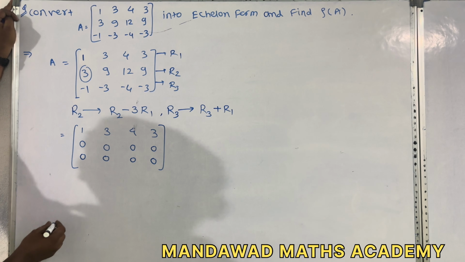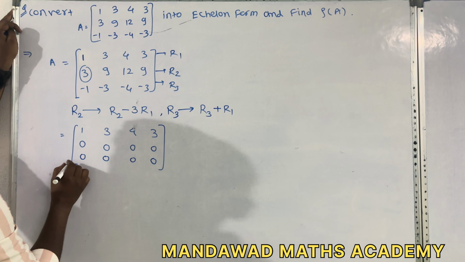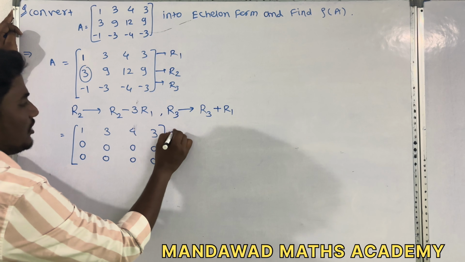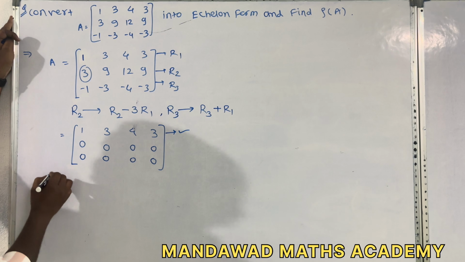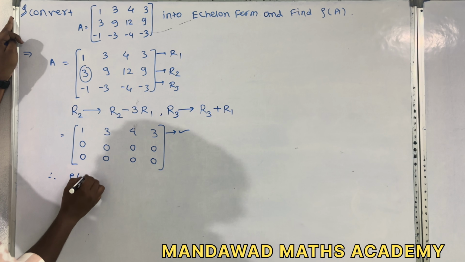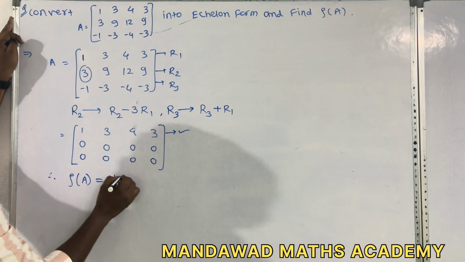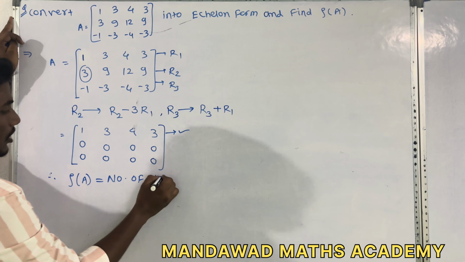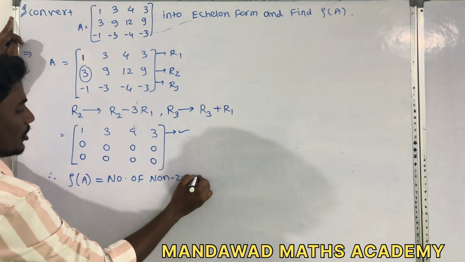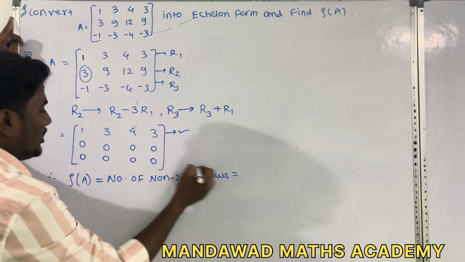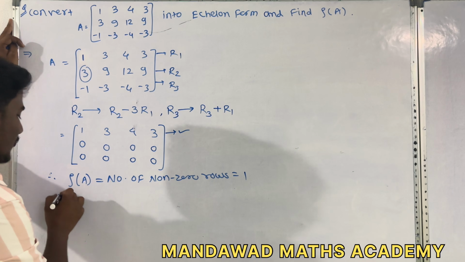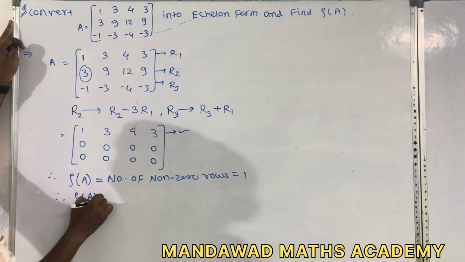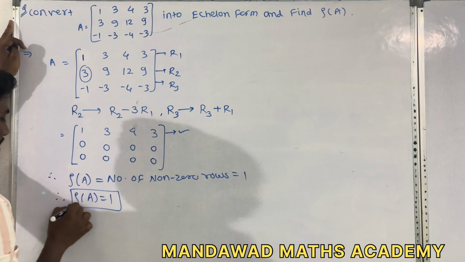This is a very simple example. How many non-zero rows? Only 1 is the number of non-zero rows. So therefore the rank of A is equal to the number of non-zero rows. How many? Only one. So therefore the rank of A is 1. So this is the required echelon form.